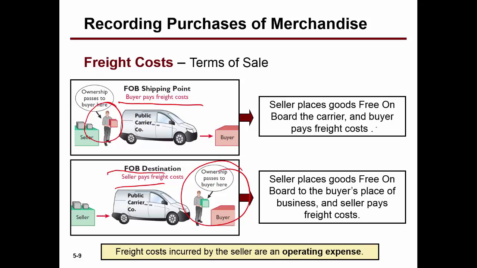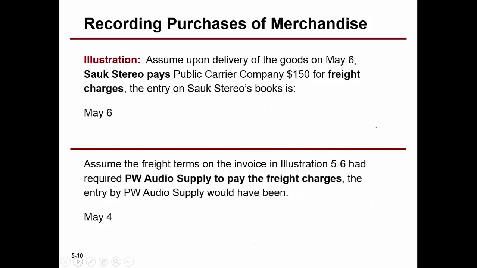Now, the most important part of this discussion is how we treat these fees for shipping that are paid by the seller versus the fees paid by the buyer. It turns out that if the buyer pays the shipping cost, we add that to the cost of the inventory.